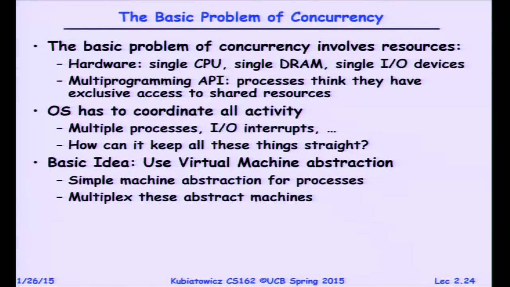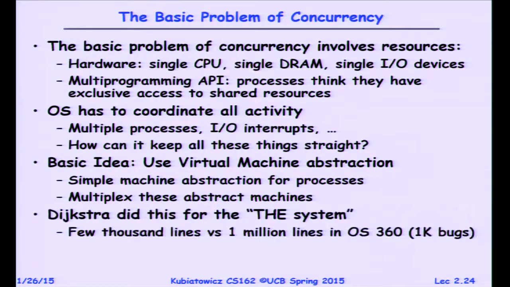All right? And Dijkstra actually did this for the system. You have confidence when you call yourself, I'm going to build the system. Right? And Dijkstra had a lot of confidence. But his first multi-threading version of this had a few thousand lines, and OS/360, which was in the 60s, basically had over 1 million lines.